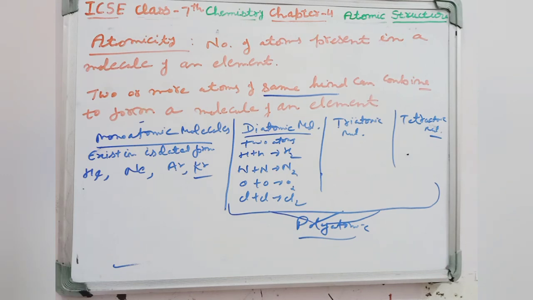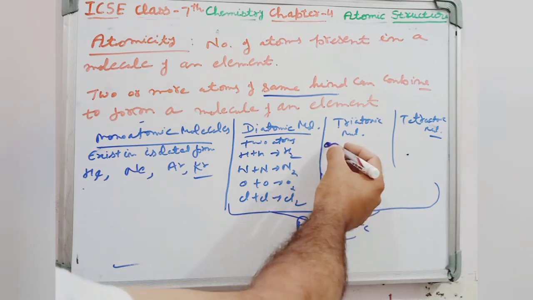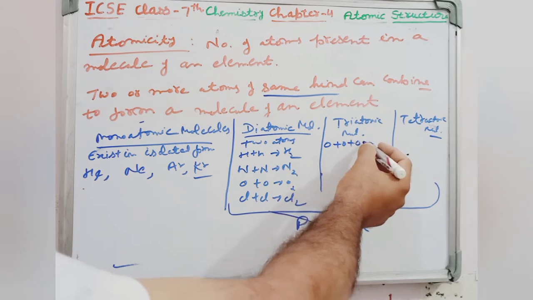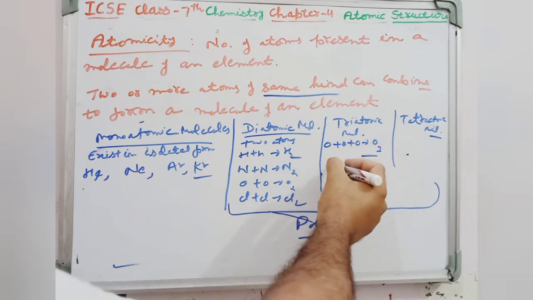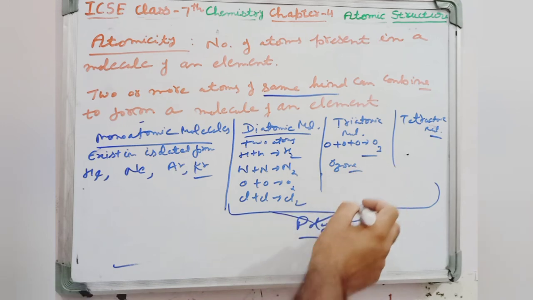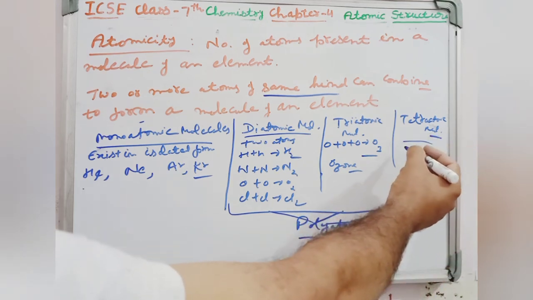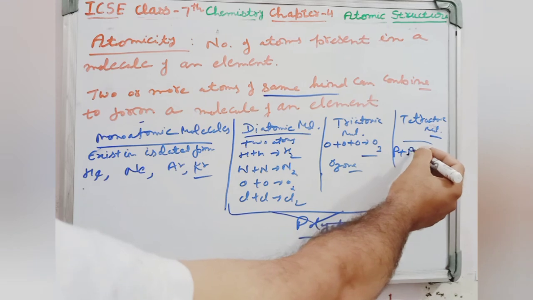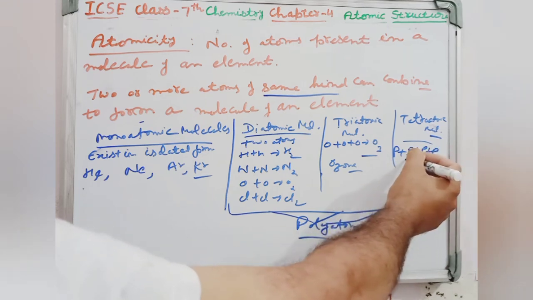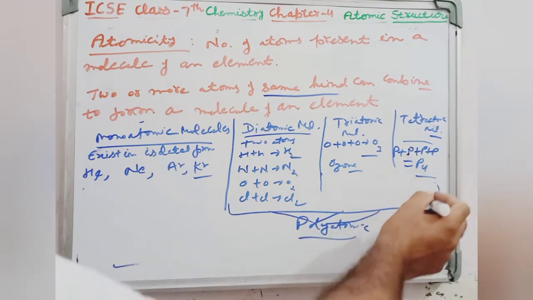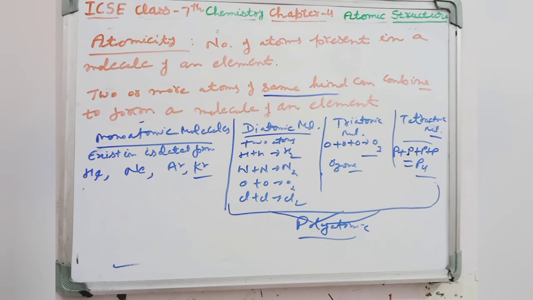Triatomic, simplest example is O plus O plus O, that is O3. We call it ozone gas. You all are familiar with ozone gas. Now tetra, tetra means 4, phosphorus, P plus P plus P plus P, they become P4, phosphorus.